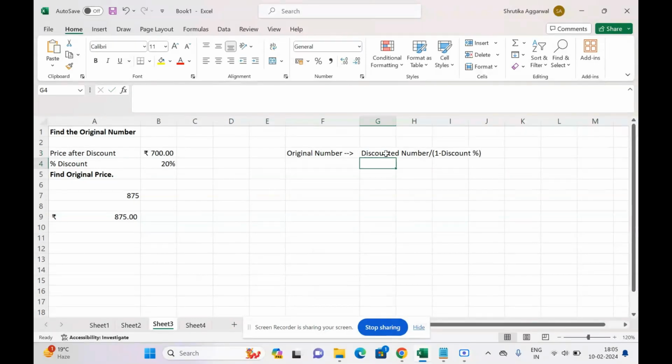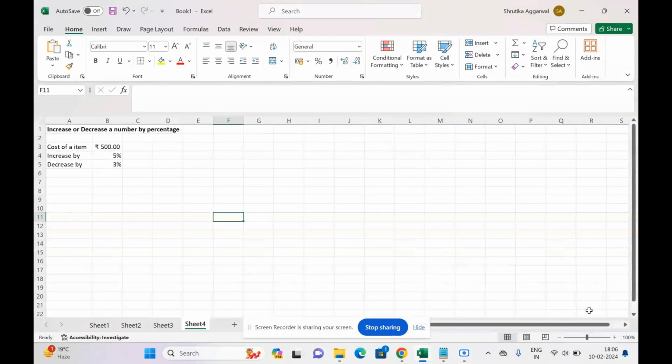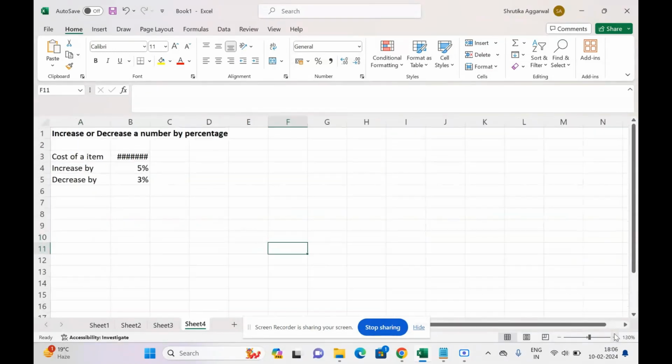Okay, that is the formula. So I hope this is clear. In this scenario, we saw how to find the total when we knew the amount after the discount percentage. In this example, I took a discount. It could also be an increase in price, so accordingly, you will change the formula. In the next scenario, we are going to see how to increase or decrease a number. Let's move to the next scenario.